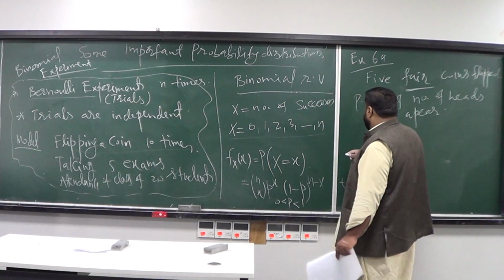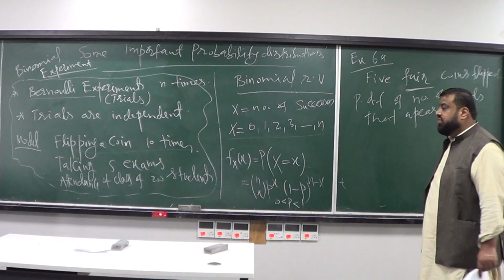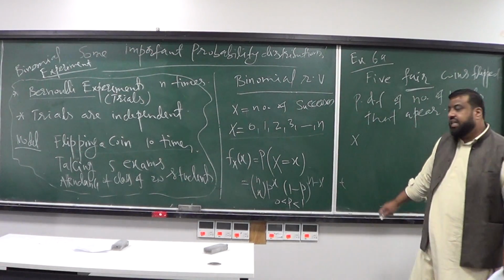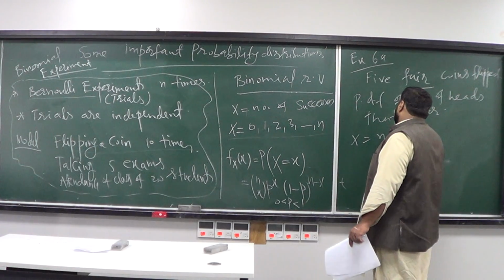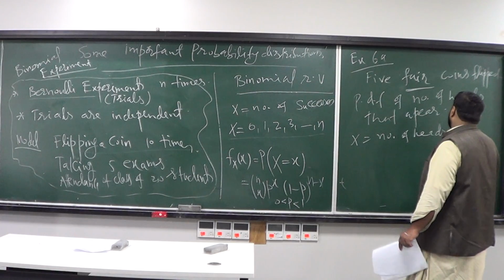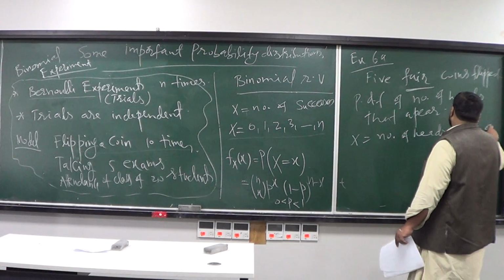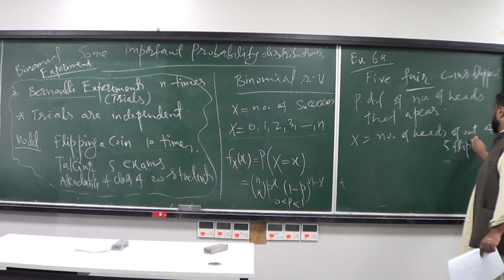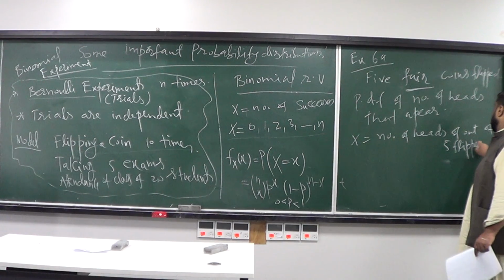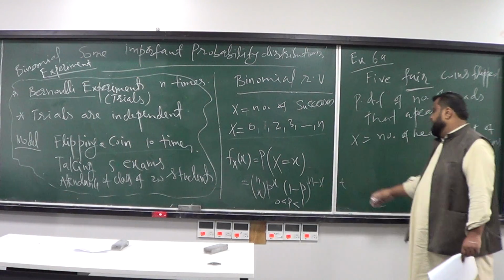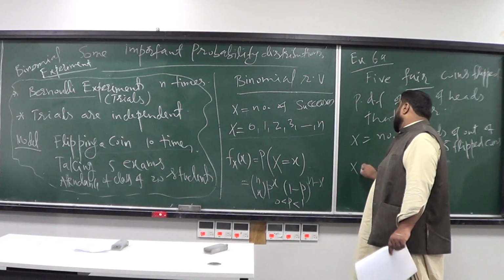So how can we answer this question? First of all, you will set up a random variable. Let x represent the number of heads out of 5 flipped coins. And so x can take what values?